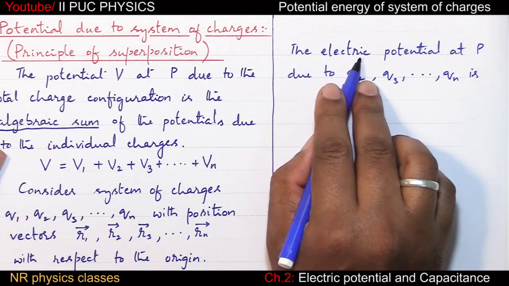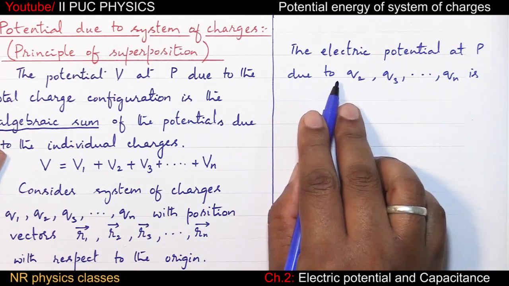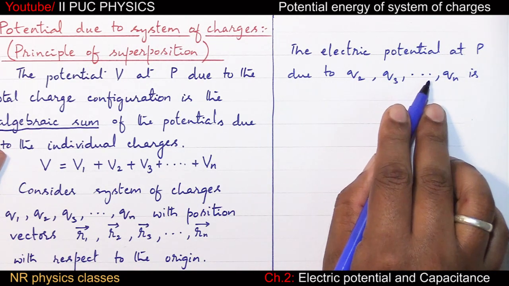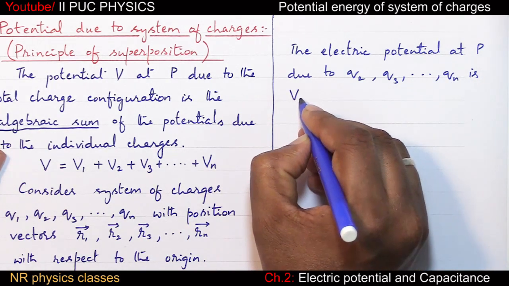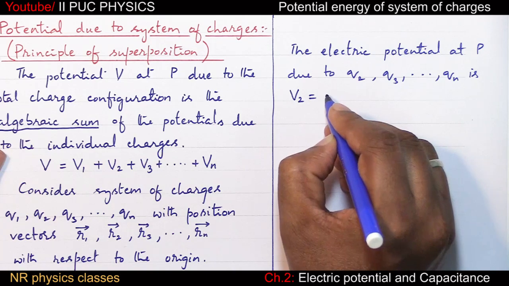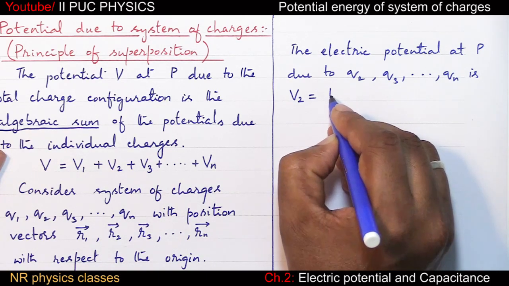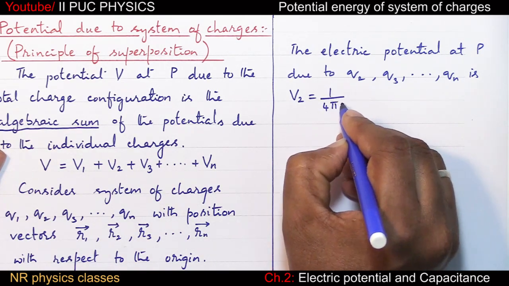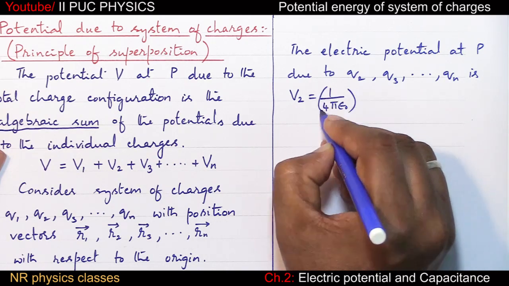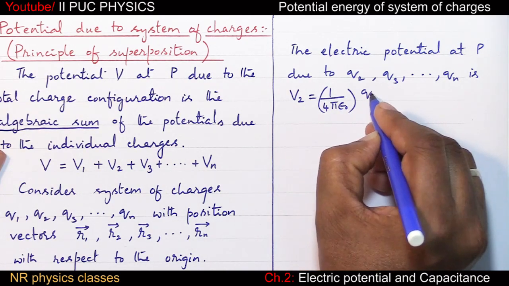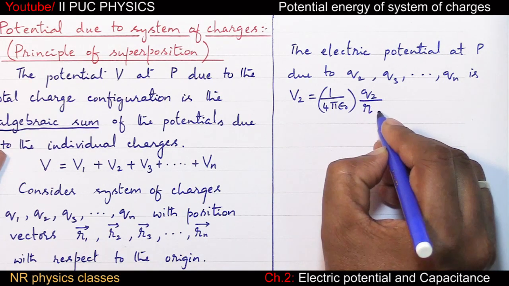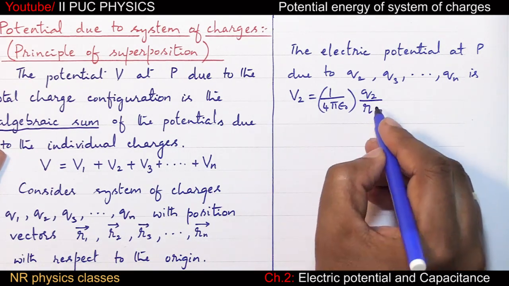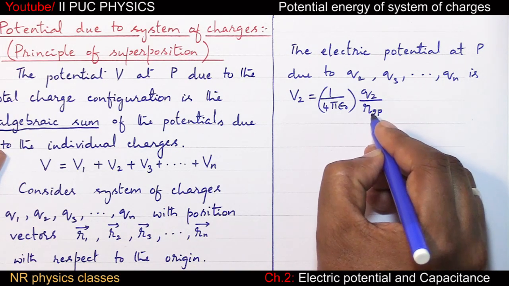Now the electric potential at P due to Q2, Q3, etc. to Qn is as follows. V2 is a constant, that is 1 by 4 pi epsilon naught. We can also write K, Q2 by R2P, the distance of P from charge 2.